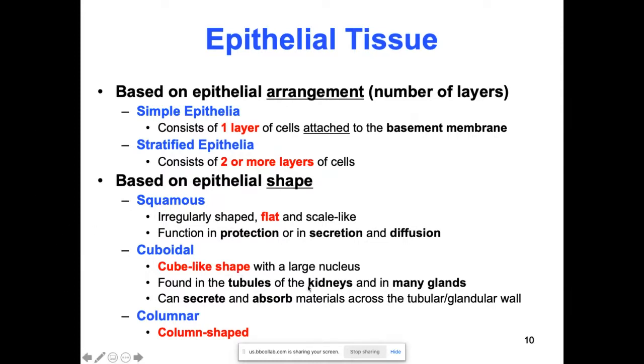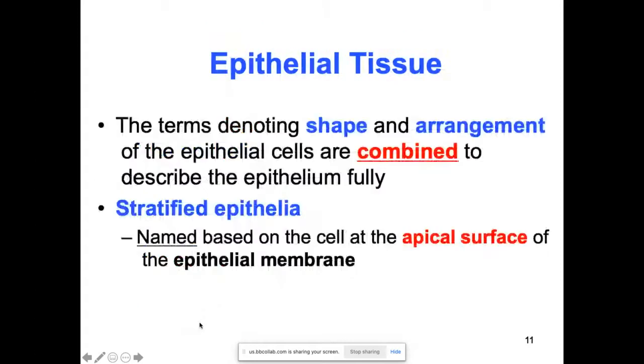We're going to find those near the kidneys. The kidneys, again, have a functional unit referred to as the nephron, and the nephron has tubules called proximal and distal convoluted tubules, because they're very convoluted, that are made up of cuboidal cells. And then we have column-shaped cells.